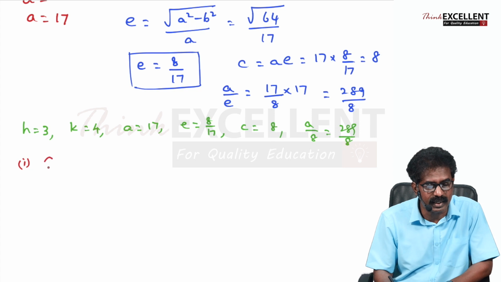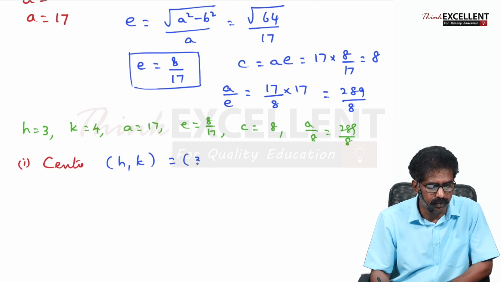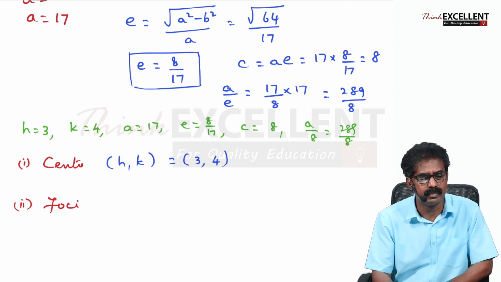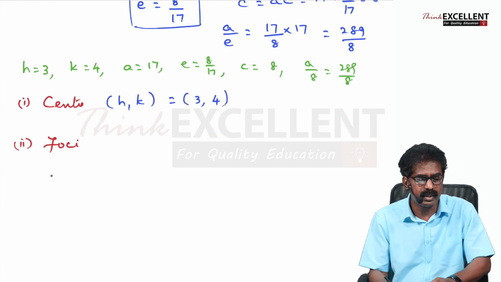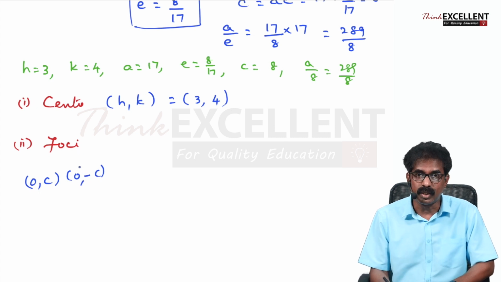The first one they asked to find is center. Here the formula for center is h comma k. So it is 3 comma 4. Second, what they asked to find, that order you find. Okay, they asked to find foci. What's the formula? Second type, so focus is 0 comma AE or 0 comma c, 0 comma minus c, if the center is 0 comma 0.